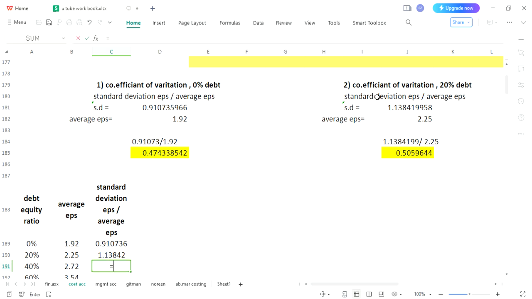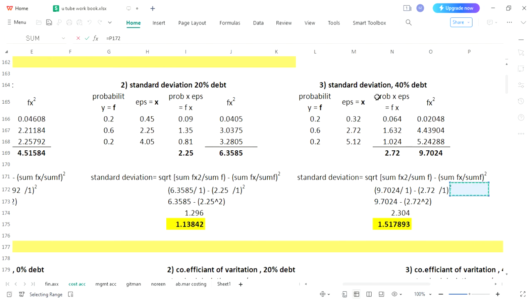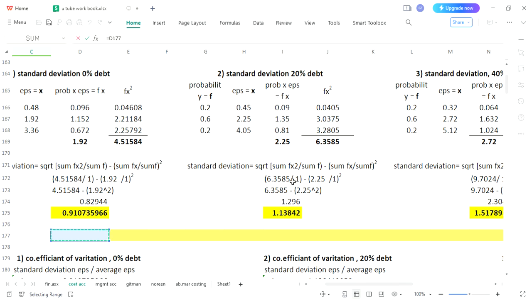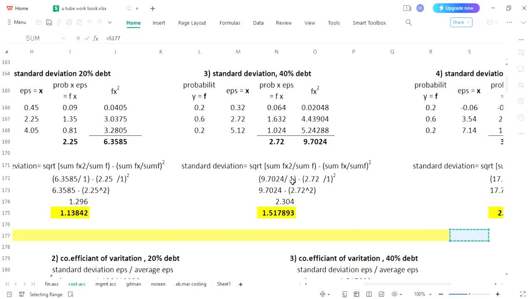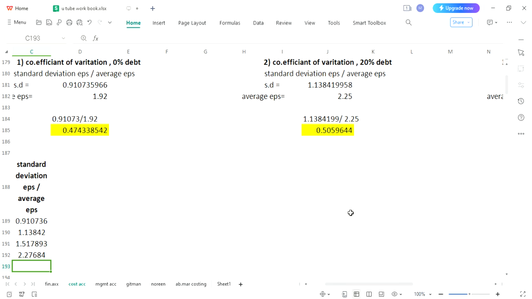Then the third standard deviation was calculated over here. This is your third standard deviation and the answer you have calculated is 1.51. That is posted over here. Standard deviation for the fourth part was calculated over here and the answer was 2.27.